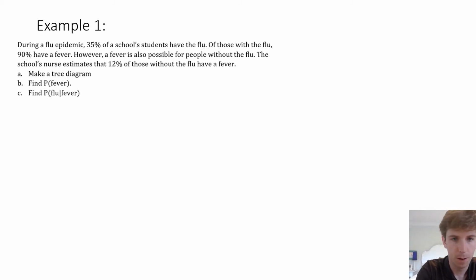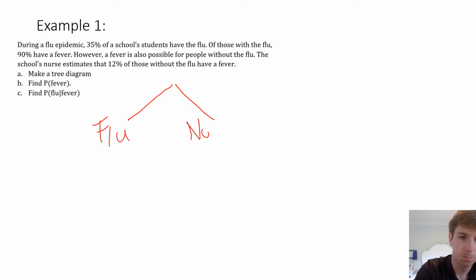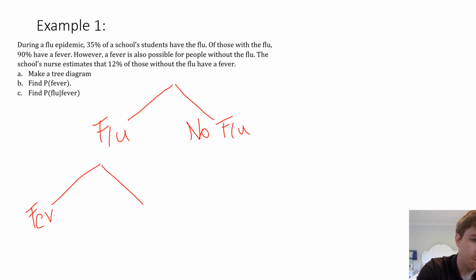All right. So my first break in the branches here is going to be people either have the flu or people do not have the flu. And then the second branch break is for if you have the flu, you can have a fever.